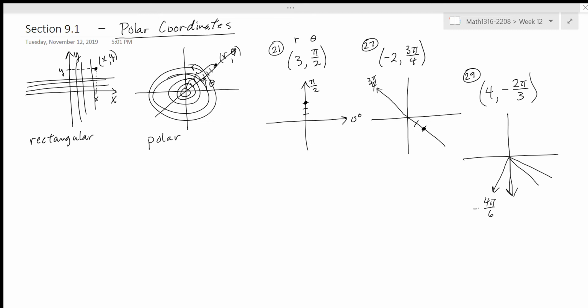And then 4/6 is going to be my 2/3 that I need. So 4/6 is negative 2/3. Do I go that direction or do I go backwards? 1, 2, 3, 4 in that direction, because the radius is positive, I'm going to go in that direction.